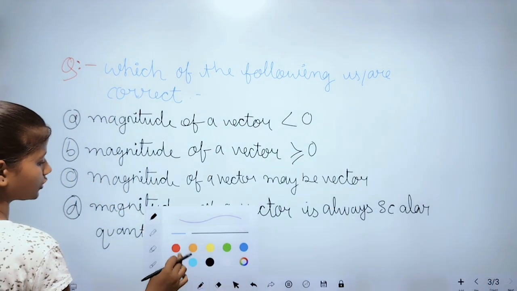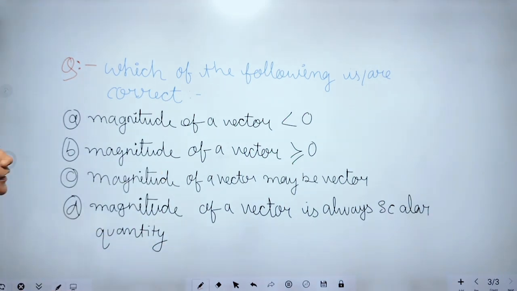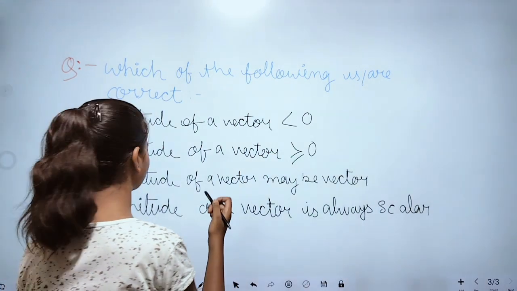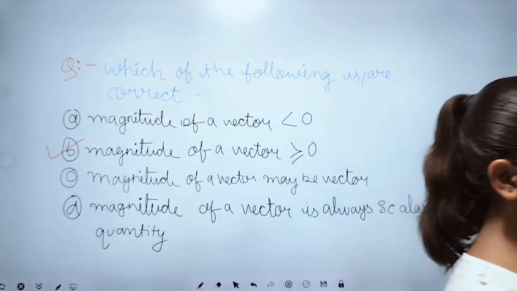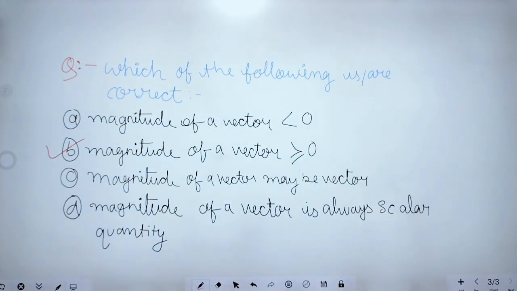Now move to our next option, that the magnitude of a vector is greater than or equal to 0. Yes, this one is true, that the magnitude of a vector quantity is greater than 0, or you can also say equal to 0.